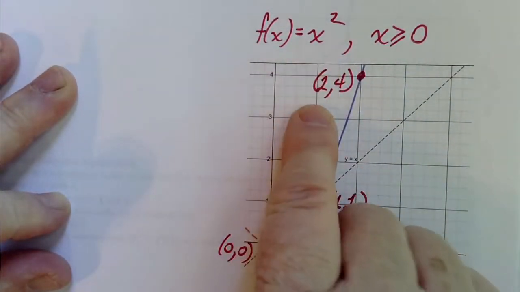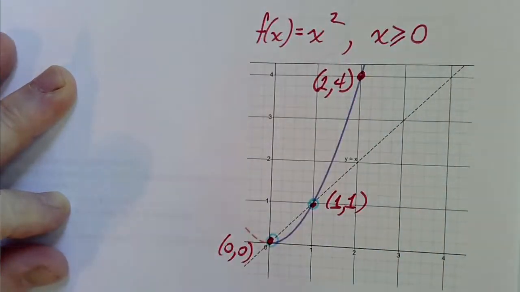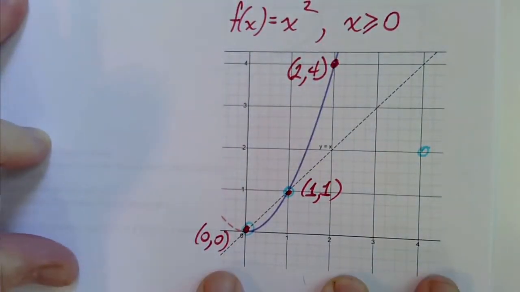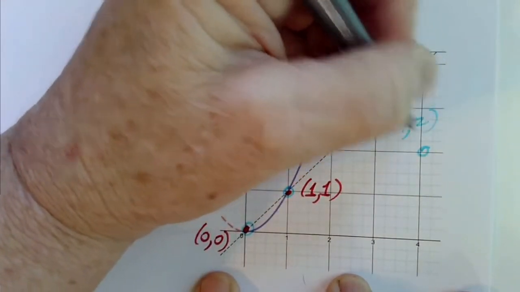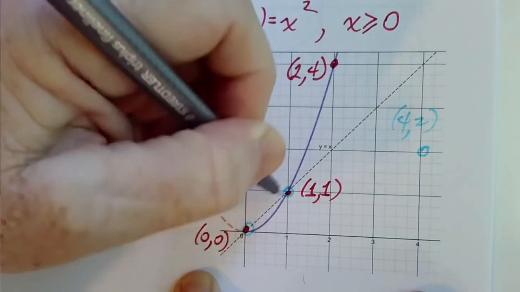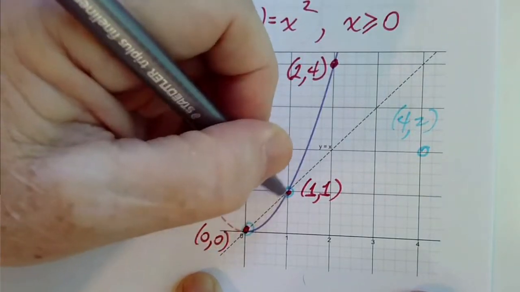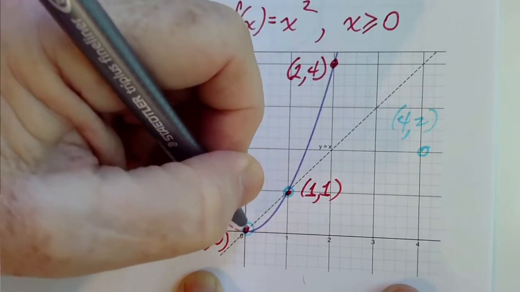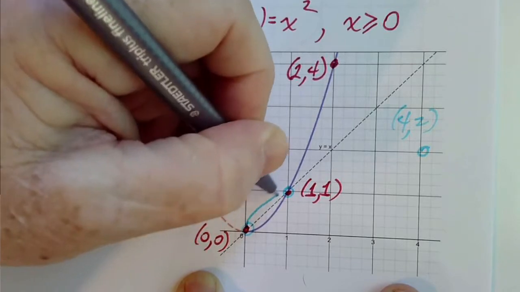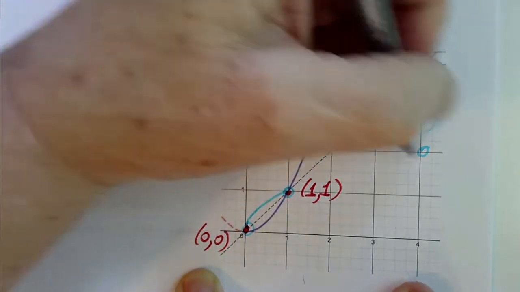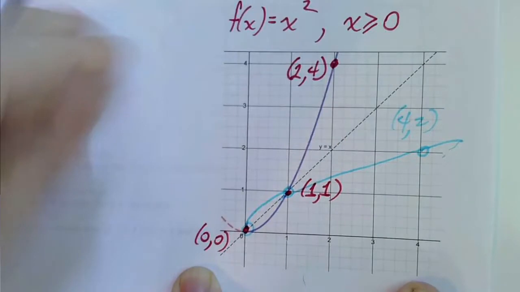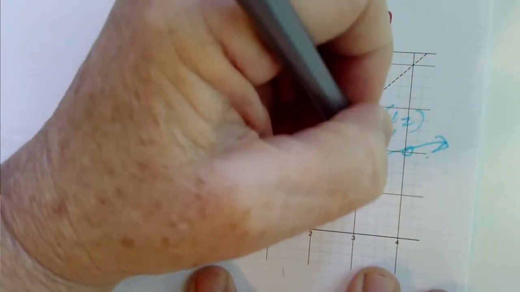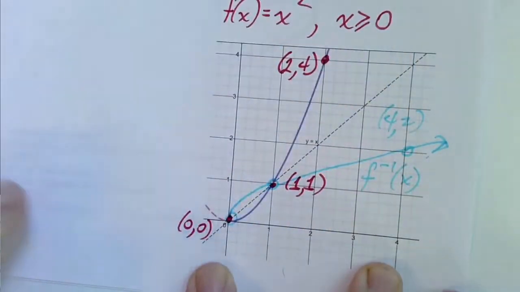But this point 2, 4, when I flip that, it becomes 4, 2. Let's see, 4, 2. And now, also I see that between 0 and 1, the graph of f of x is below the line y equals x. That means that f inverse is going to be above, and here is the graph of f inverse of x.